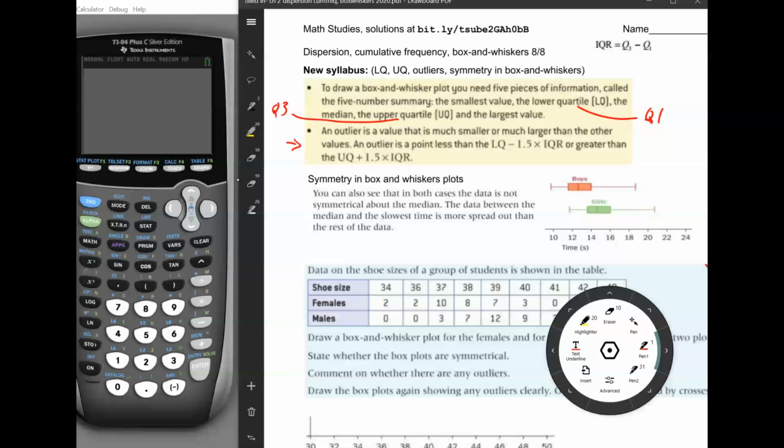Visually, we often say outlier in science and math when we see a data point that's kind of far away from the rest of the cluster of data points. But in IB Math, they define an outlier to be something that's a certain distance away from the upper quartile or lower quartile. Obviously, it's going to be a certain amount above the upper quartile or a certain amount below the lower quartile.